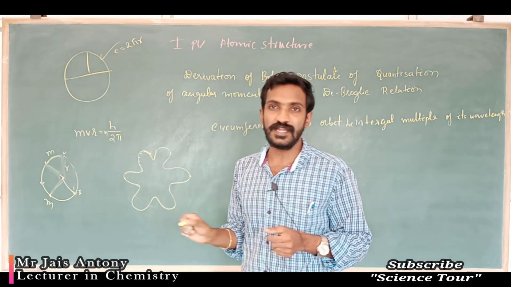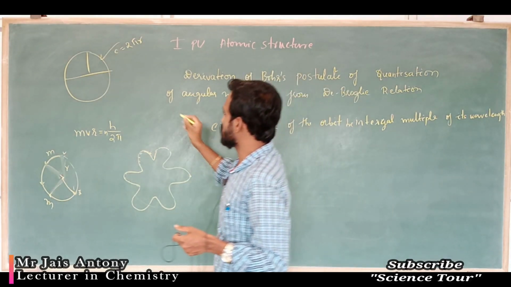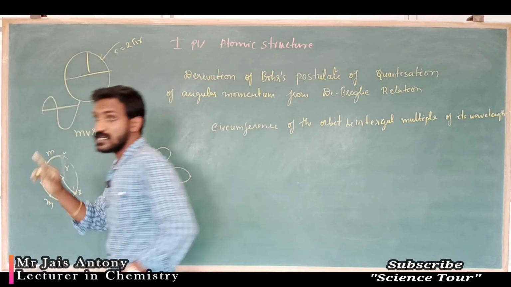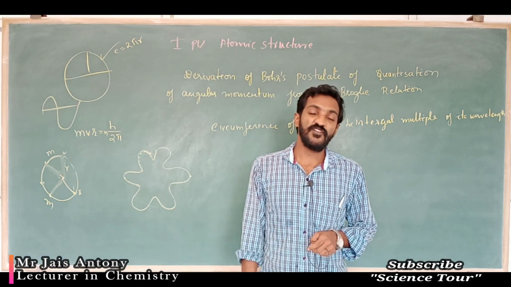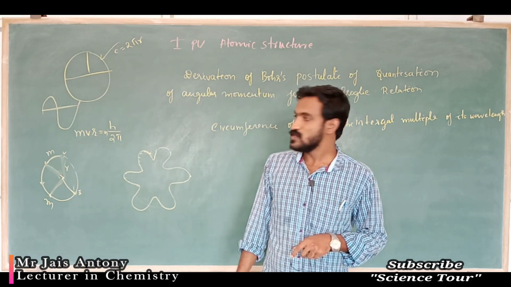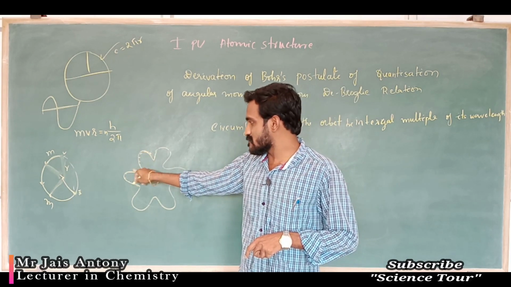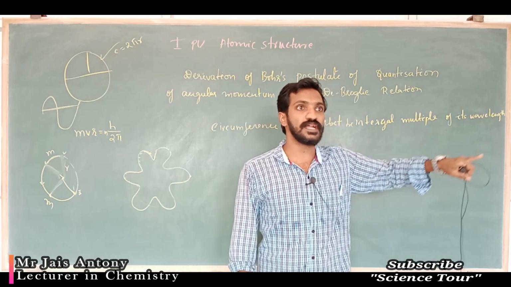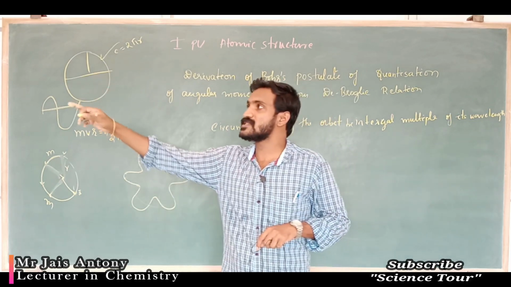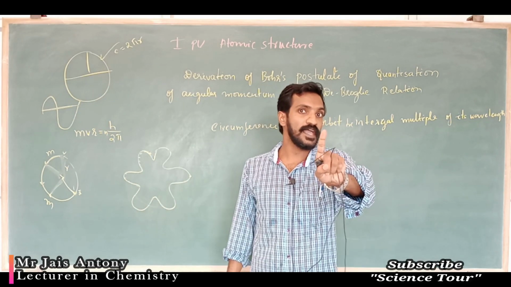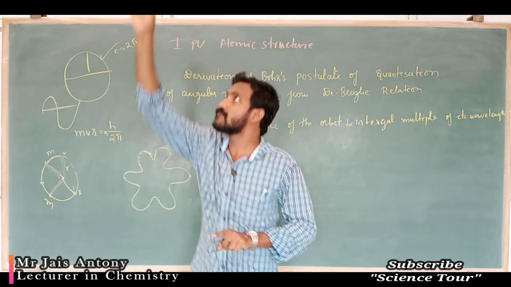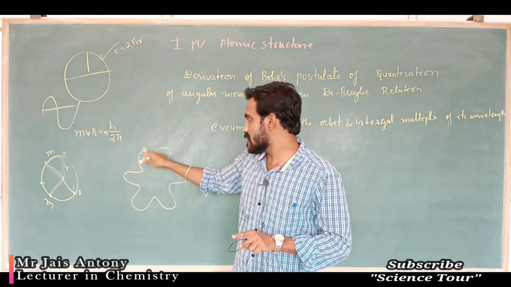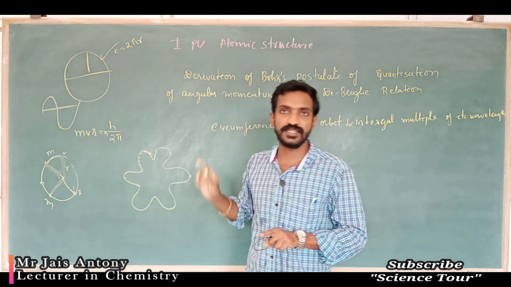Wave. That means wavelength. You know that one wave means one trough and crest. So the electron's movement leads to many troughs and crests, that means many wavelengths form. Clear? Here trough and crest formation is there.